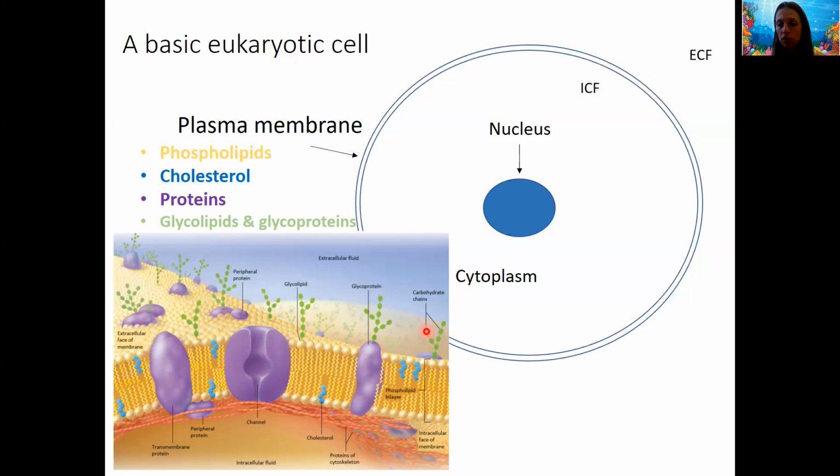So it's protection, first of all, a fuzzy coat that literally helps protect. Then these carbohydrate chains are all unique to different cells and different organisms. So they act as ID tags.